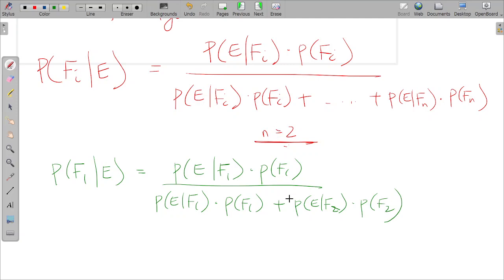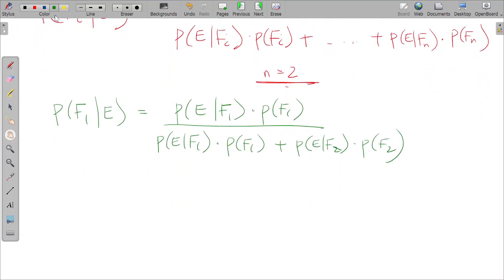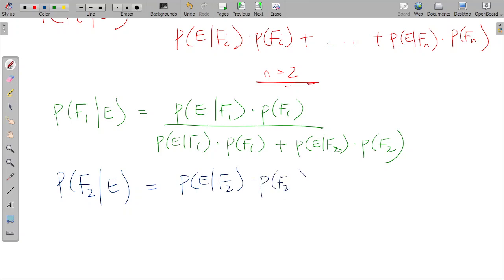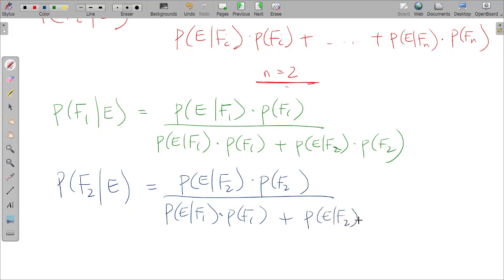Then the second one gives us probability of F2 given E equals probability of E given F2 multiplied by probability of F2, all over the same denominator.